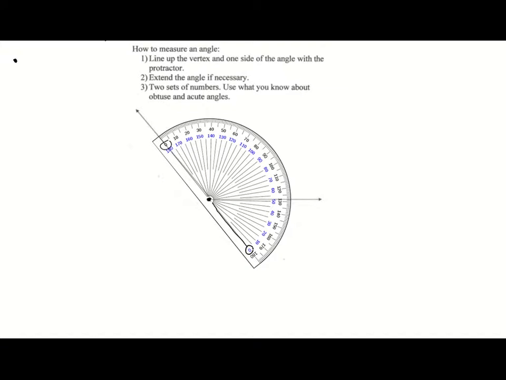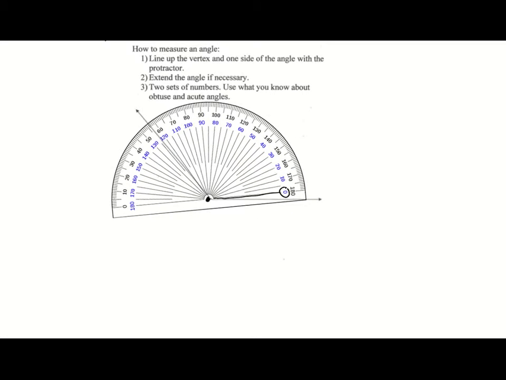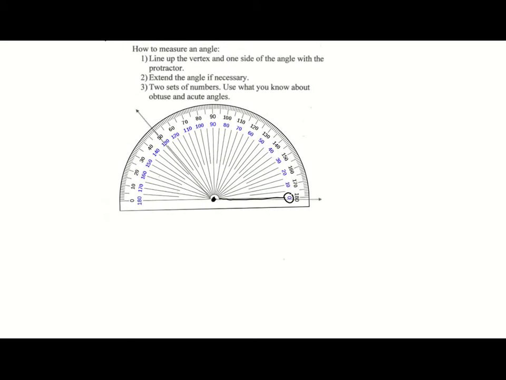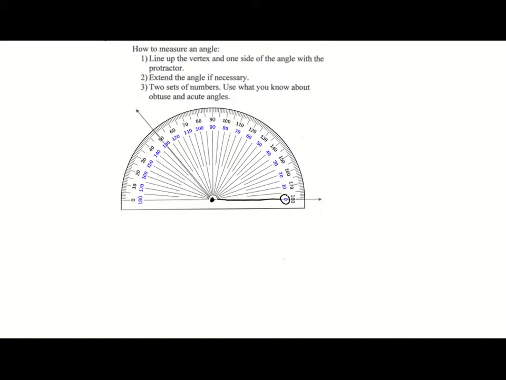So you got to pay attention to which side you are using, but let's go back to our other side. So I'm going to spin it around so it's flat, easier to read. So I'm lining this side up, got my vertex on the corner, and this line matching up with my 0, my blue 0. Okay?